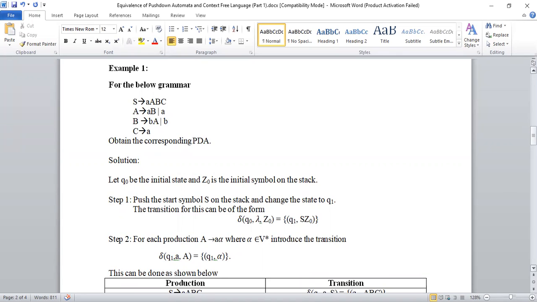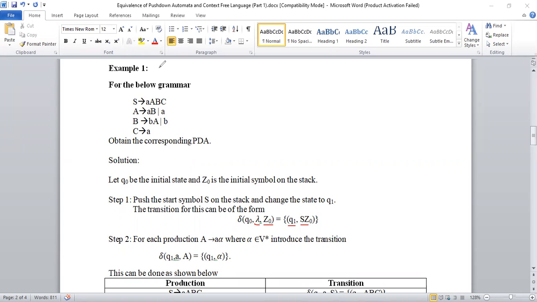So the transition function delta Q0, without consuming any input, that is null, and Z0 on the stack, gives Q1 and pushes the start symbol onto the top of the stack: S Z0.